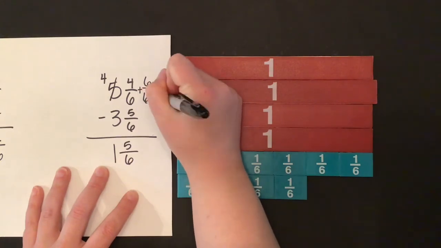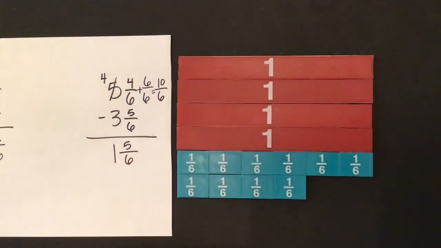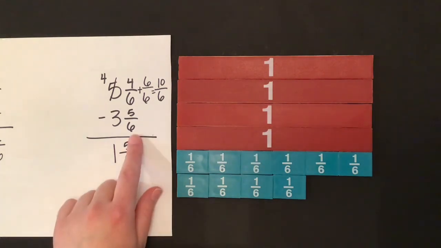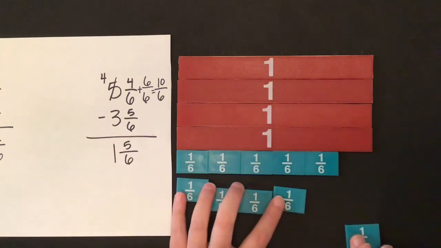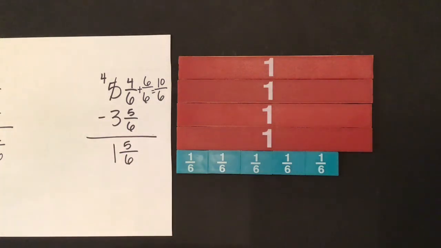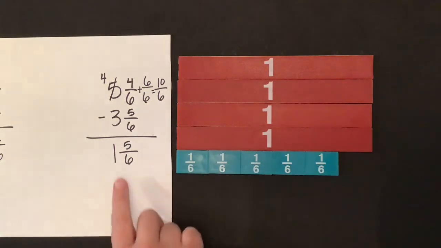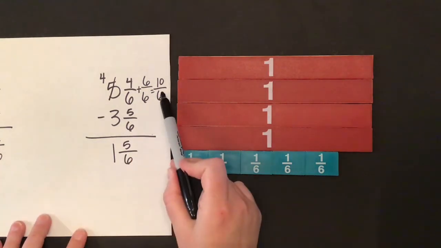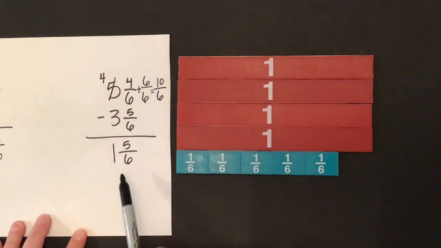or 10/6. And then here, when we take away the 5 pieces, we're left with 5 pieces. And 10/6 take away 5/6 really is 5/6.